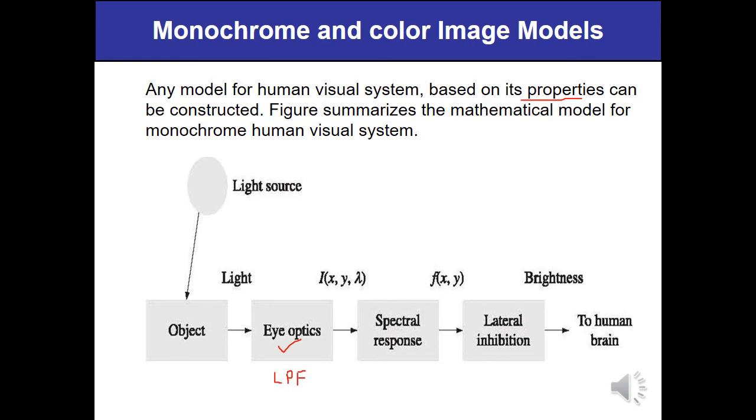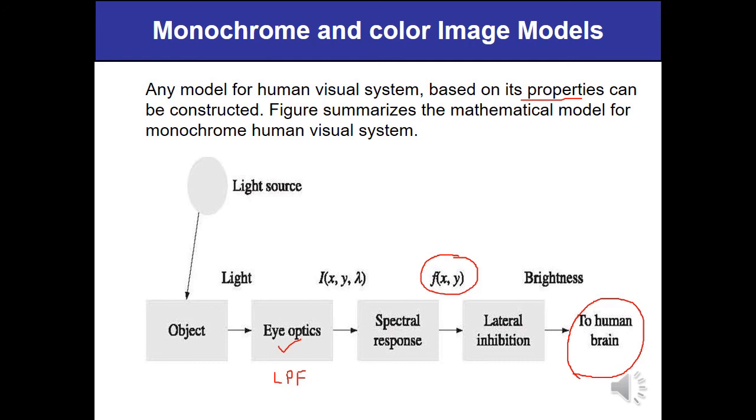You can see that the non-linear response of rods and cones for the function f(x, y) is the contrast, and the lateral inhibition is a linear system whose output is a neural signal which is taken to the human brain through the optic nerve. This model is known as the monochrome vision model.